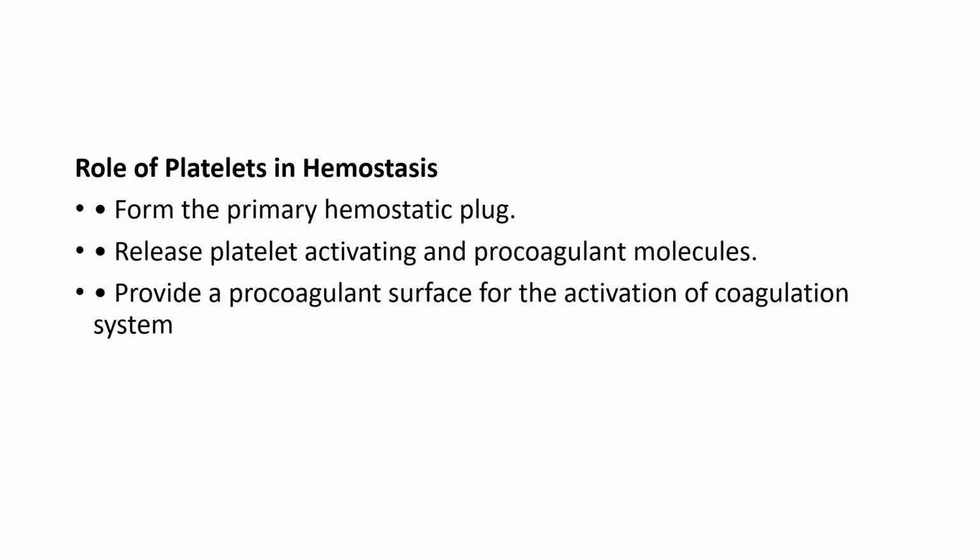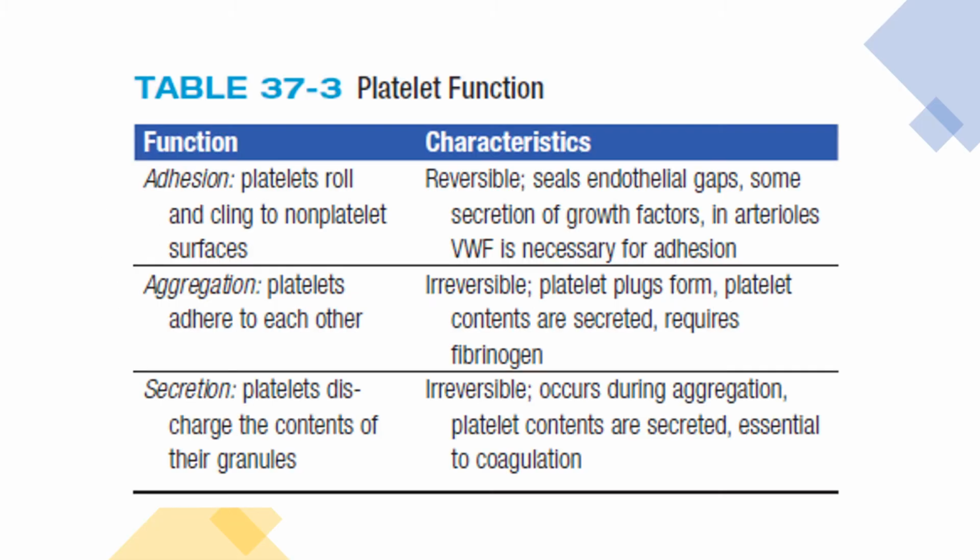So what about the role of the platelets in hemostasis? They form the primary hemostatic plug, a plug that prevents further bleeding. Then they release platelet activating and procoagulant molecules. Thirdly, they provide a procoagulant surface, which allows for activation of the coagulation system.